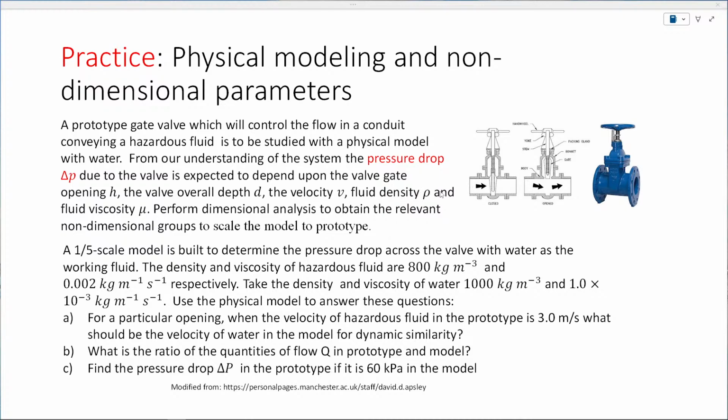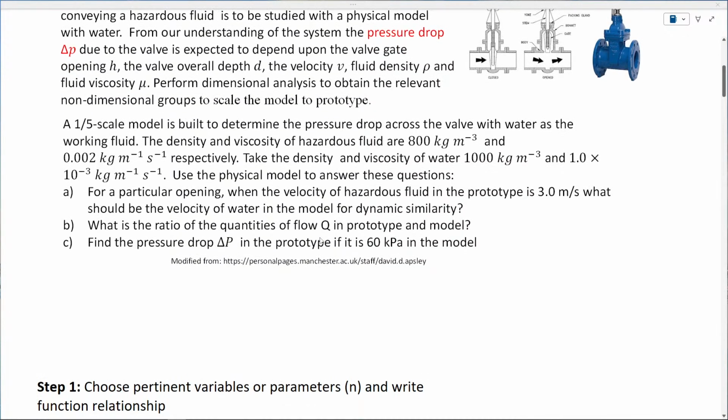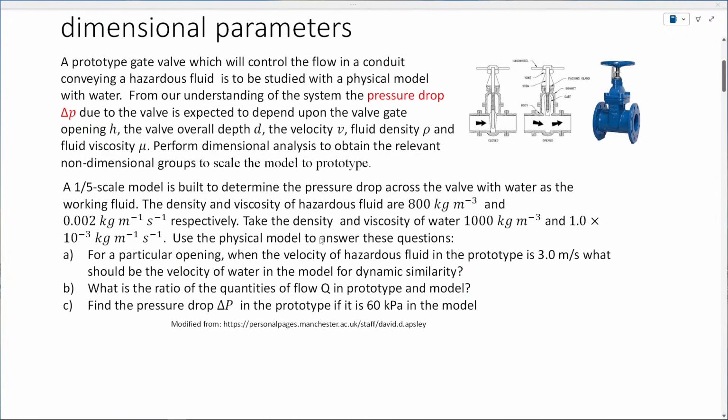Remember, these are parameters that we generally use to describe our fluid. Perform dimensionless analysis to obtain the relevant non-dimensional groups to scale the model to the prototype. The model, an actual physical valve that looks like this, would be in the lab, and the prototype would be the one that we want. In the lab, we will only have a dimension of 1 to 5.